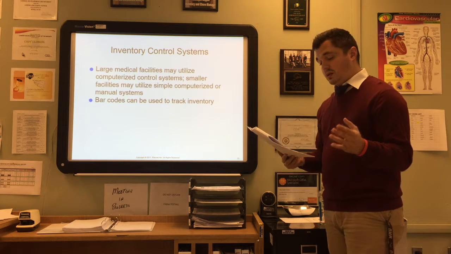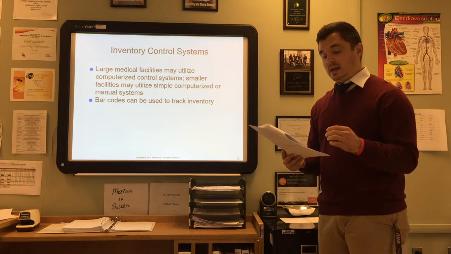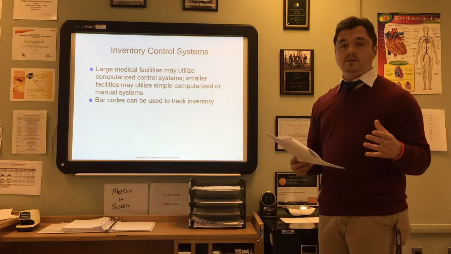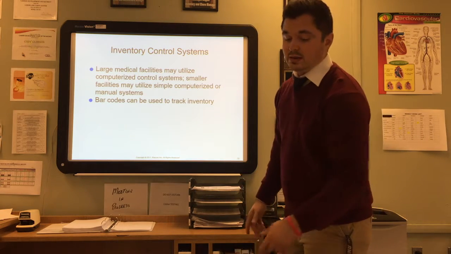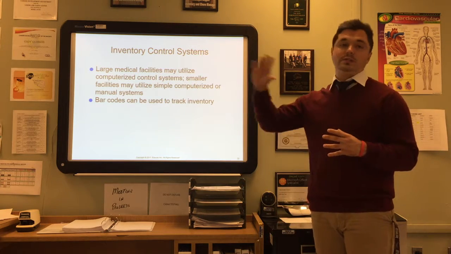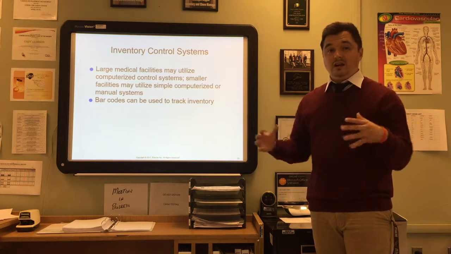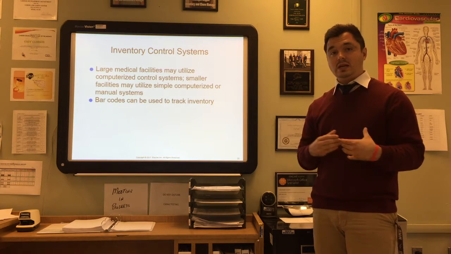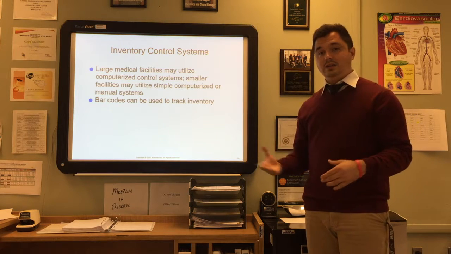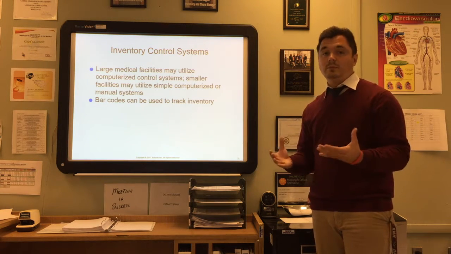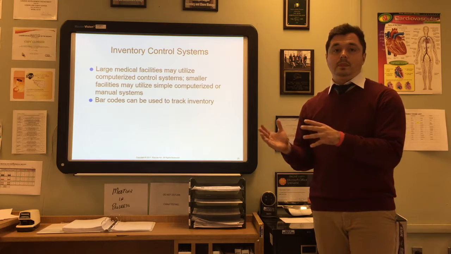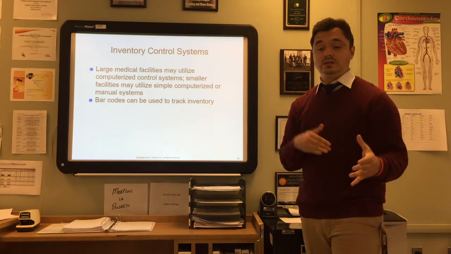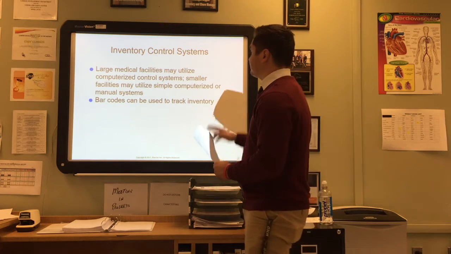For barcodes to work successfully, the staff must be diligent in scanning barcodes when taking product from stock. Whenever you take an item, whether it's a bandage, a splint, a sling, or a ream of paper, which has a barcode on it, you scan the barcode when you take that item to use it, and that lets the computer system know that item is no longer in the inventory, so that number will go down.